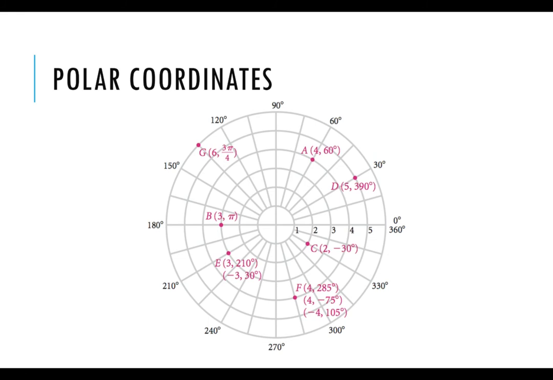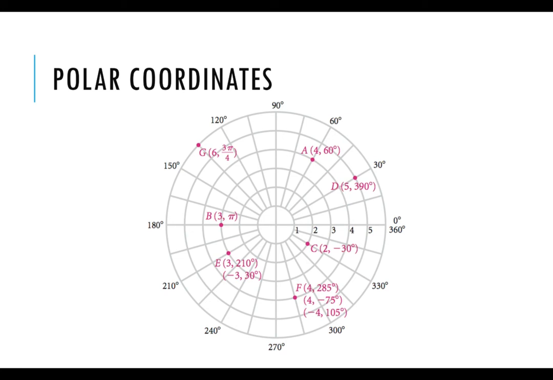So let's just see some points plotted via polar coordinates. Let's look at point A and recognize that point A here is the point (4, 60 degrees) in terms of polar coordinates. That is, it goes a distance of 1, 2, 3, 4, and a rotation of 60. So if you went out to 4, rotated to 60, you would get to that point.